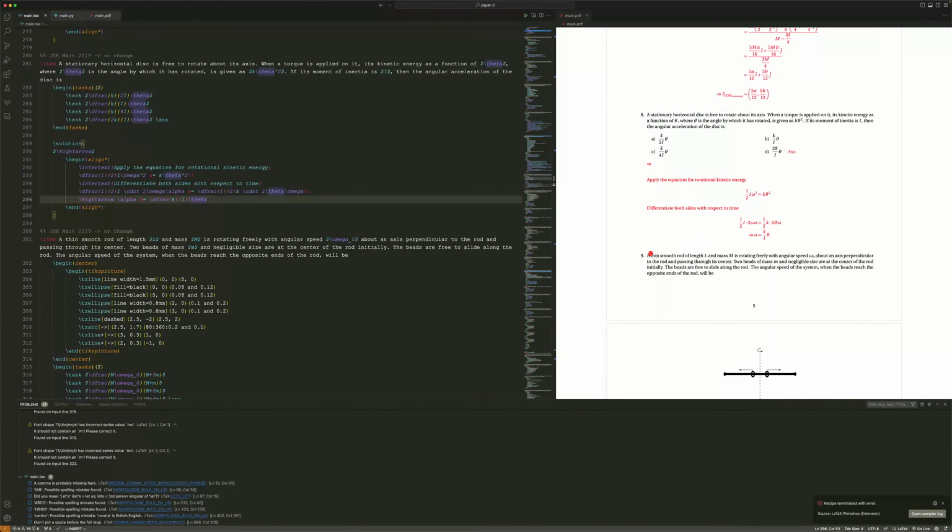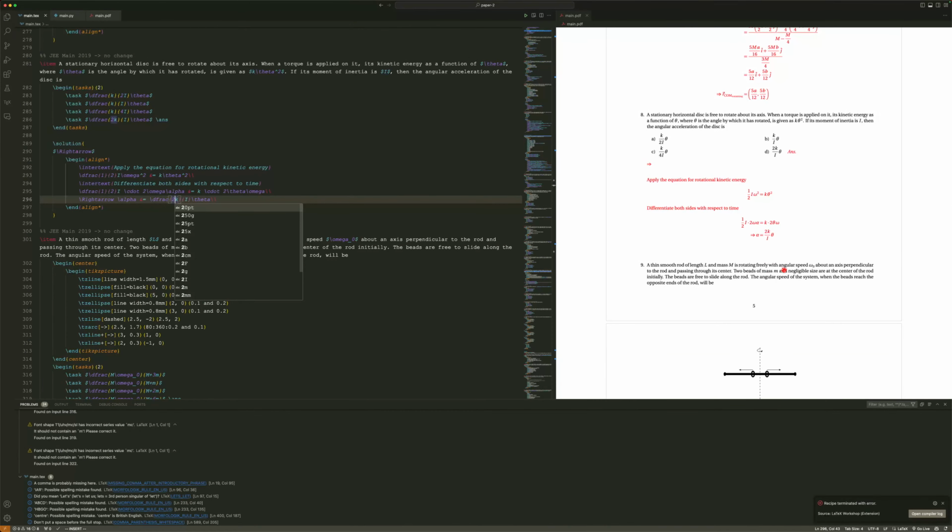Oh, sorry. Right side does not have... Oh man, I messed things up. So I should delete the whole thing and start from the beginning, and I think it will suggest the right thing. No, let's put 2k I manually. So yeah, 2k times theta is the alpha.